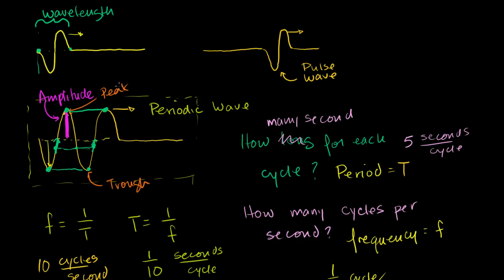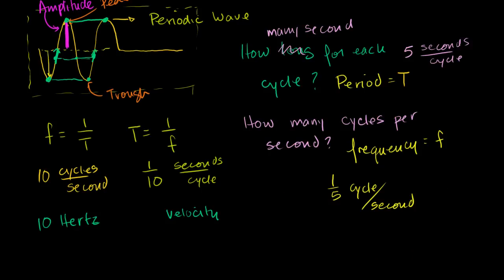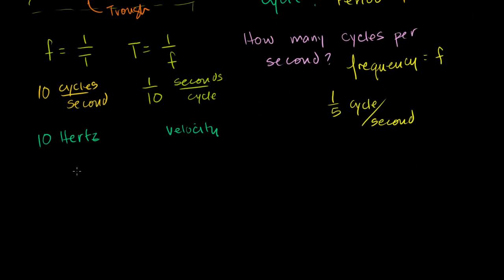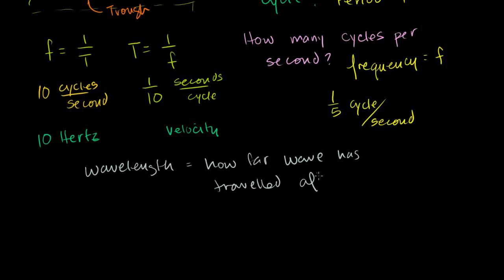So if we know how far we've traveled after one period, let me write it this way. Wavelength is equal to how far the wave has traveled after one period, or you could say after one cycle.